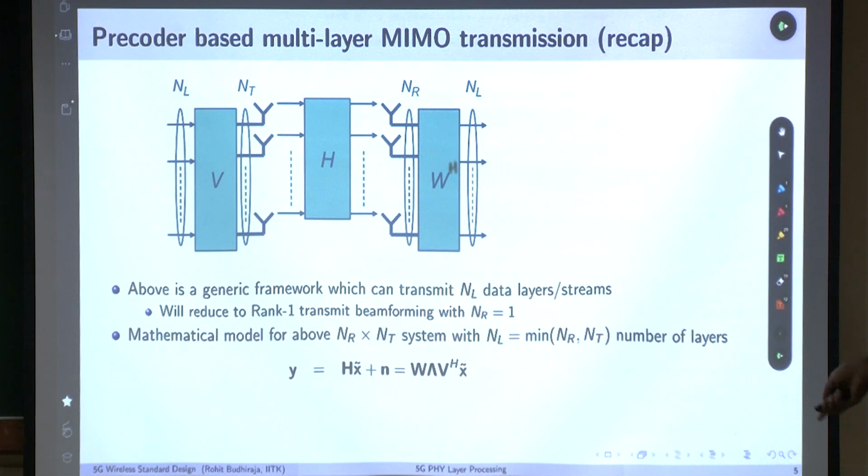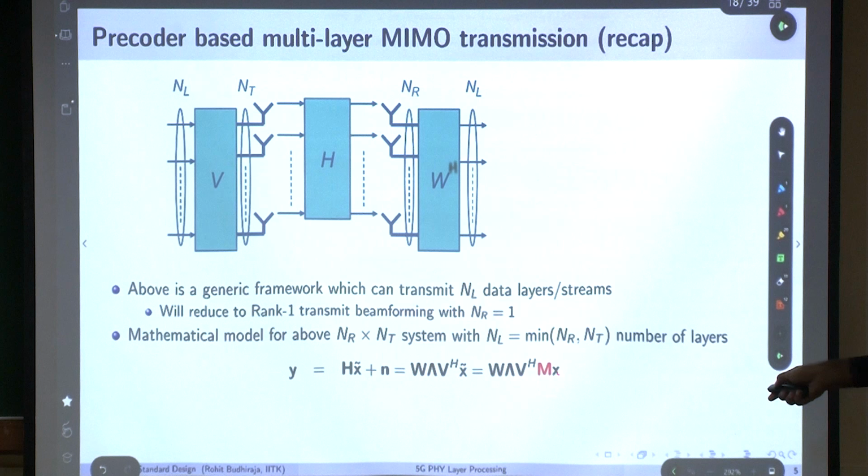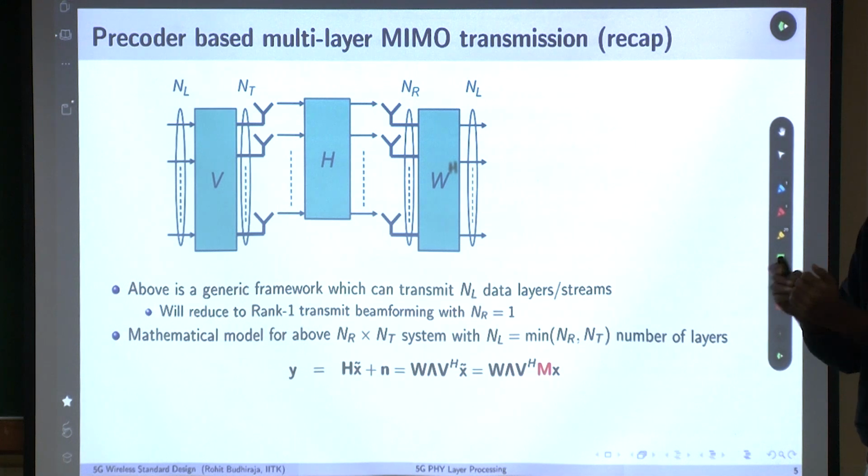I pick the precoder as some M, okay, I am not writing it as V because the base station doesn't know that, right, okay. So this precoder, the base station should find out what the precoder is, and who is going to feed back this information?